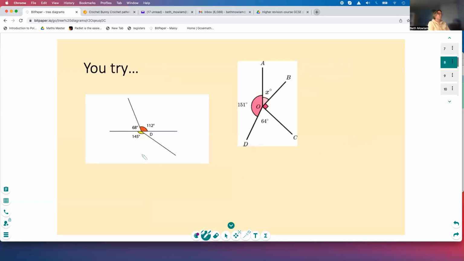So there's a couple for you to try. You can pause the video and have a go. Do it slightly quicker than I can. So again, what we know, we add up the ones we know. So we've got 112, add 68, add 145. Let's see what that equals. So 112 plus 68 plus 145 is 325.